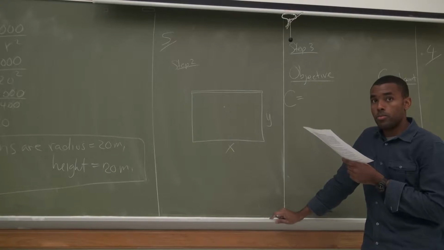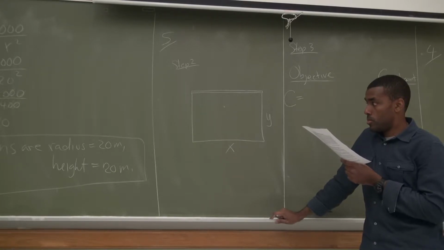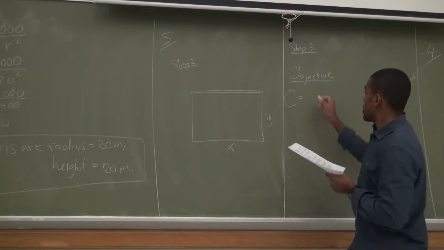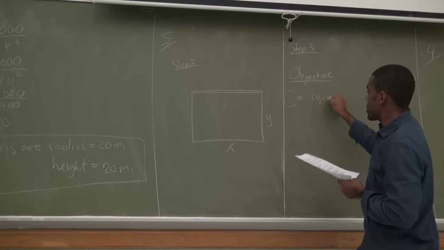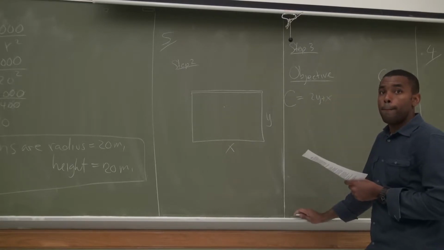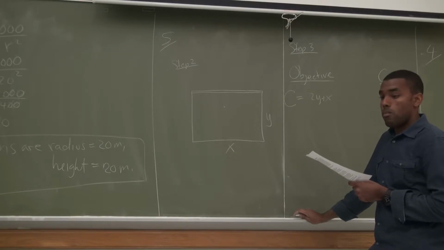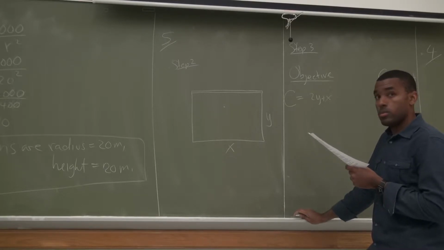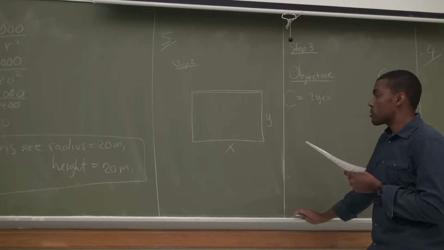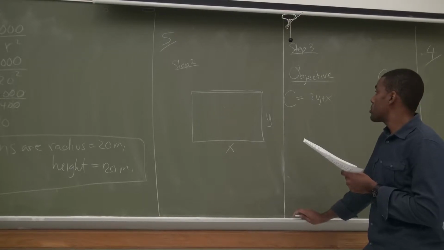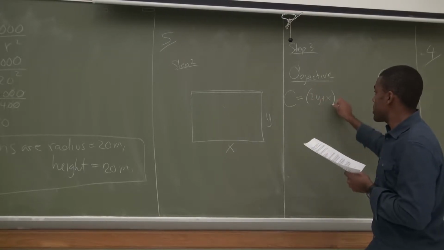The cost will be 2x plus 2y plus x. Plus, the last side will be multiplied by the cost, which is 14. Right, you have to multiply this by 14.